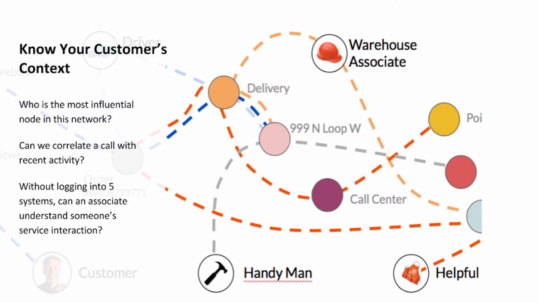Oftentimes, when we attempt to model customer interactions with other technologies, you don't get those definitive links as we talked about, but you also don't get the full picture, because if there are multiple connections, you don't understand what each one might mean. With graph here, we see that in a typical customer interaction for delivery, there may be multiple points that affect that delivery and movement of the item from the storage location to the delivery location.